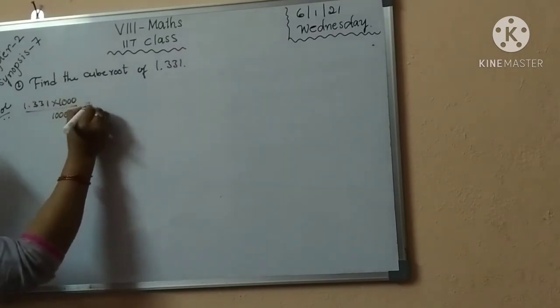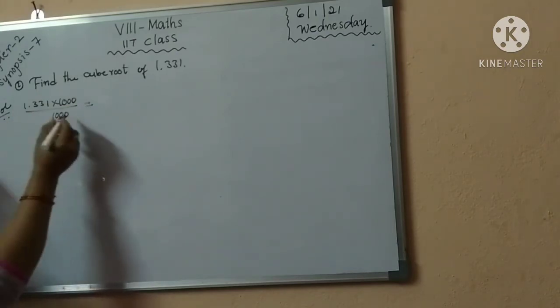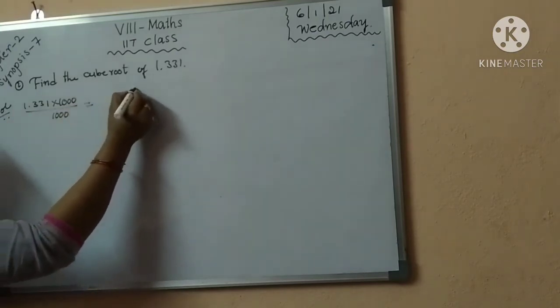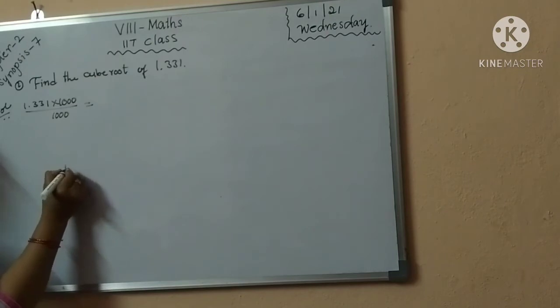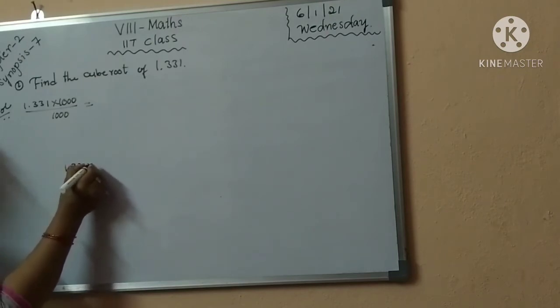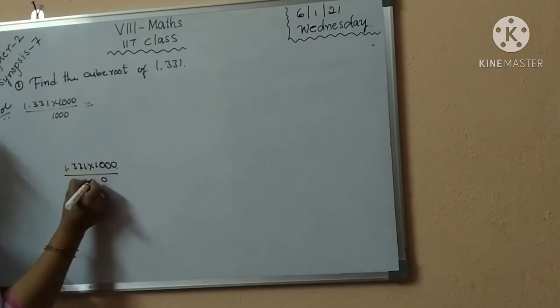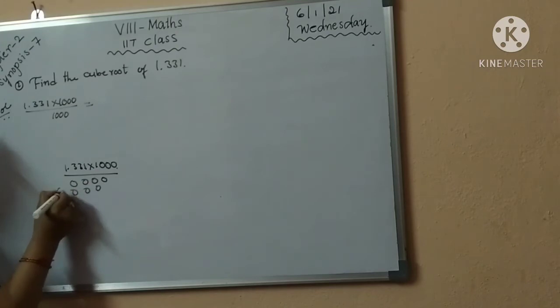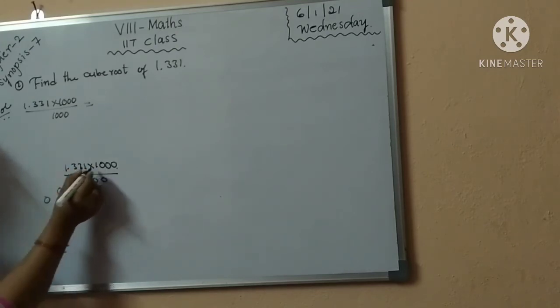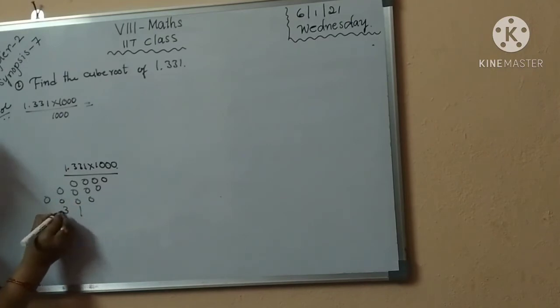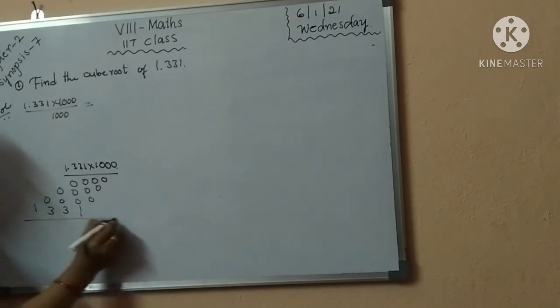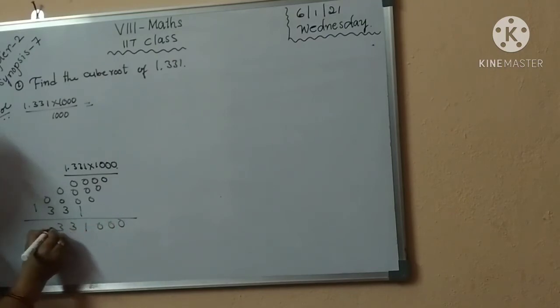Right, here 1.331 into 1000. Do the product: 1.331 into 1000 gives 0, 0, 0, then 1, 3, 3, 1.